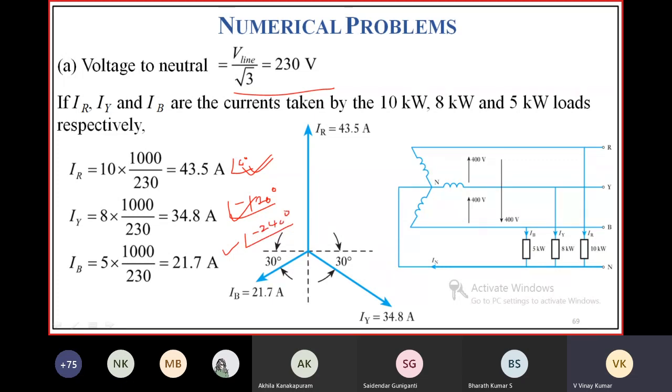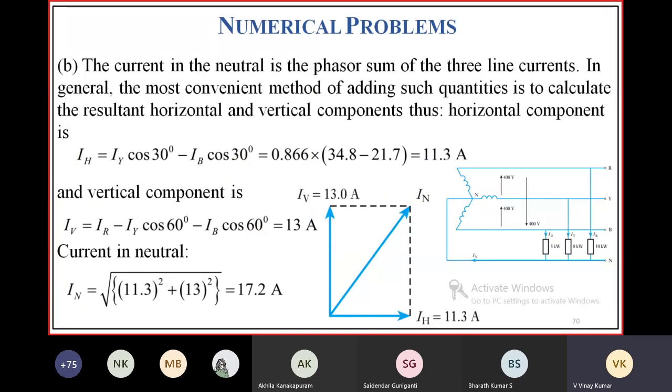After adding all these currents, including magnitudes as well as phase angles, we get IN. This is not 13, this is 15.2. This will be 18.9.